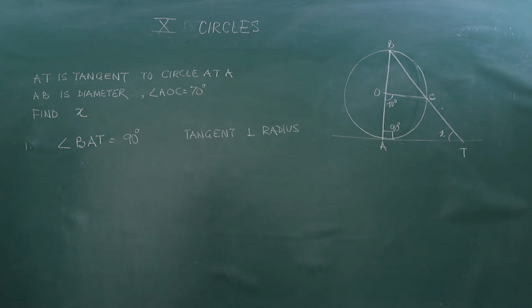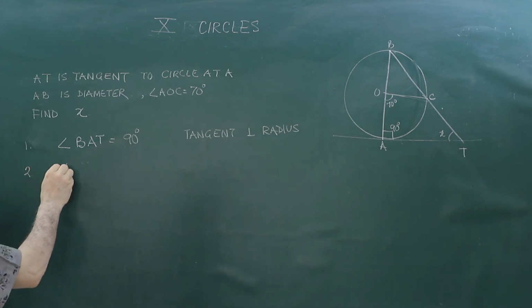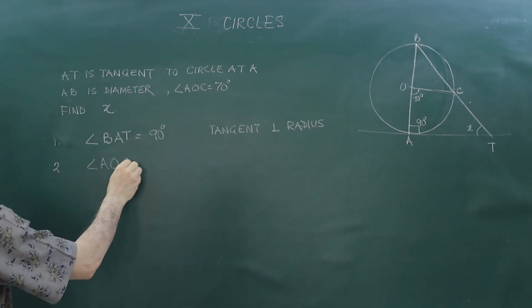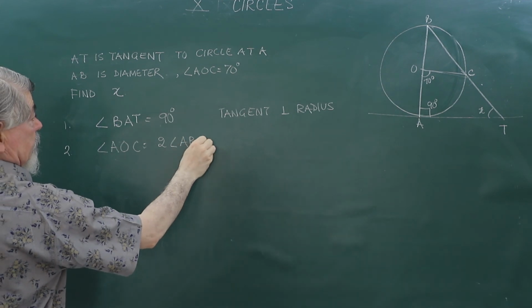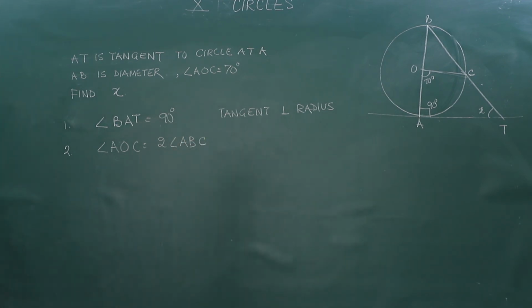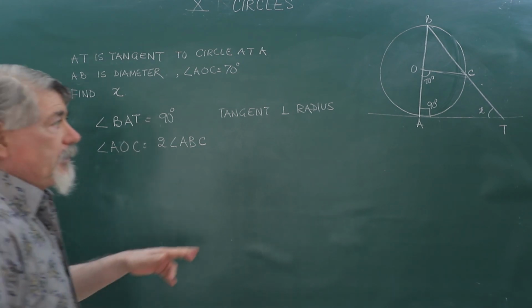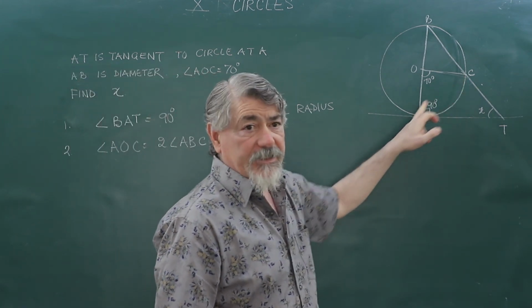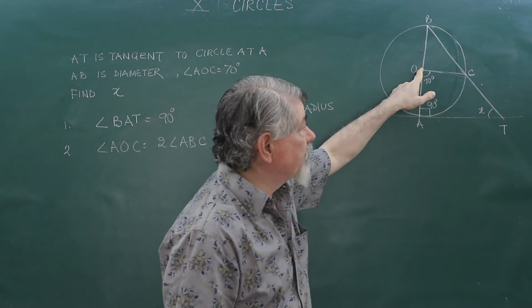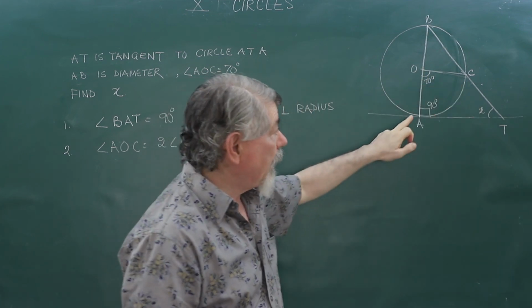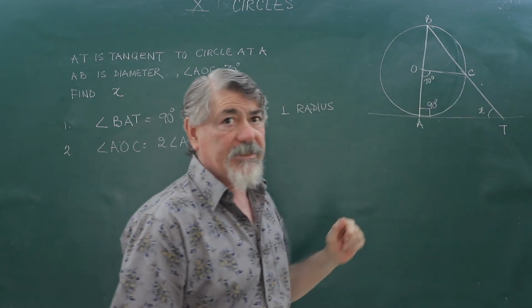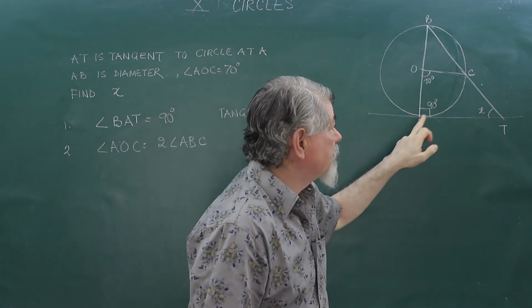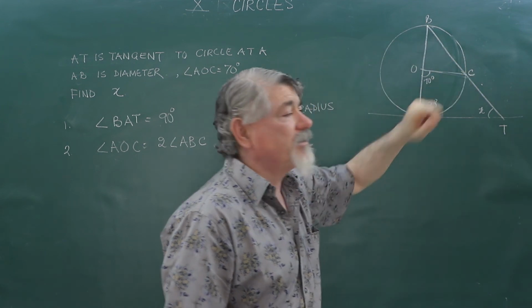Now I would say that angle AOC will be double of angle ABC. Double angle property. Arc AC is subtending an angle AOC at the center, and the same arc subtends angle ABC at the circumference.